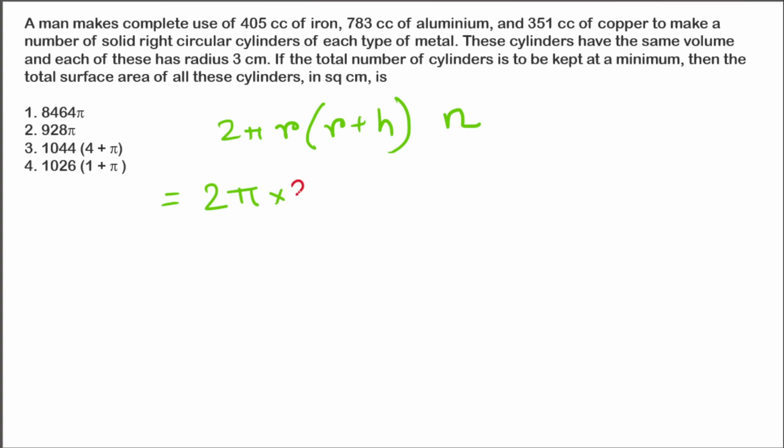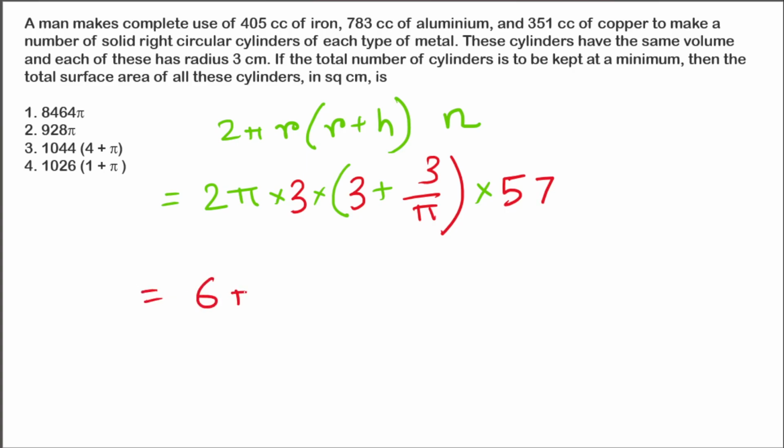So r is 3, all right? Now this r is again 3, right? What is h? h is simply 3 by pi, okay? And what is n? n is simply 57, all right? So you have to just calculate it.